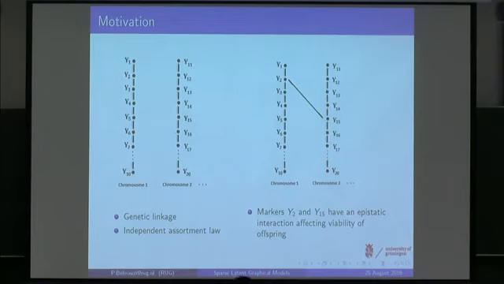But sometimes when they do this crossing, they will see that some of the offspring die, or they have some kind of disorders, and then the plant or the child will not survive. This is called epistatic selection, which shows as a correlation between markers in different chromosomes. For example, here marker 2 and marker 15 are in different chromosomes, and they affect the viability of the offspring.